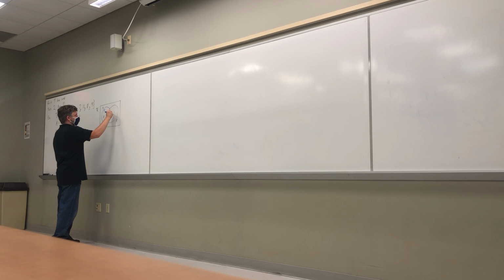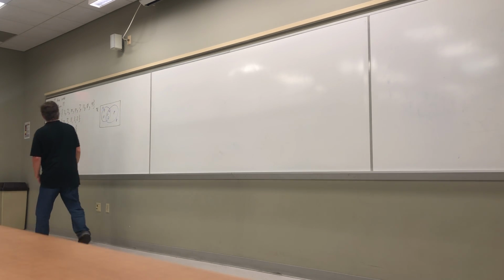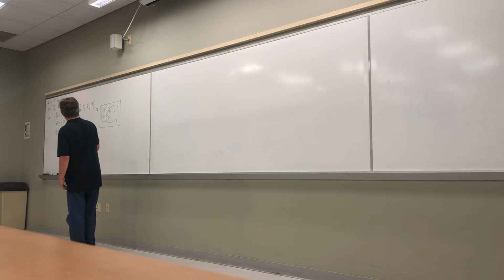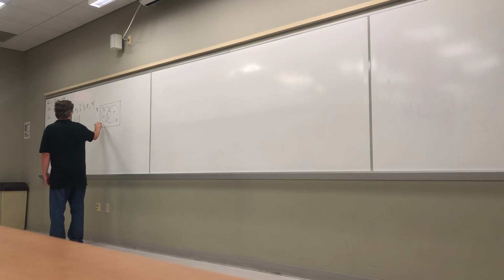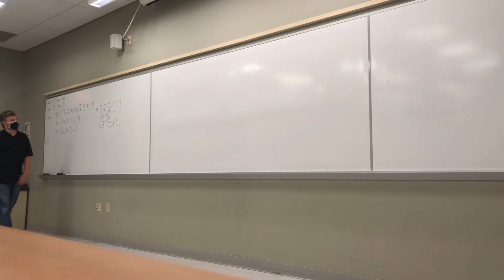B has a P. And then in U, there's some more stuff as well. Like there's a 4 and the empty set sitting in U. So U has a couple of extra items: 1, 2, 3, 4, 5, 6, 7, 8. Okay, there's the whole picture of the Venn diagram.